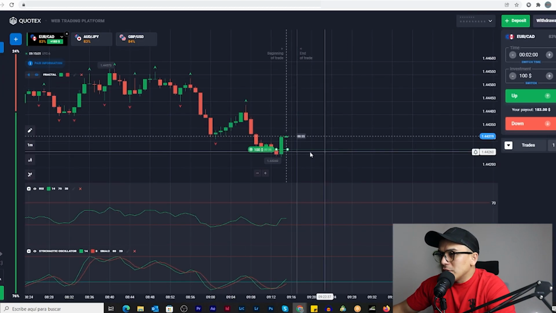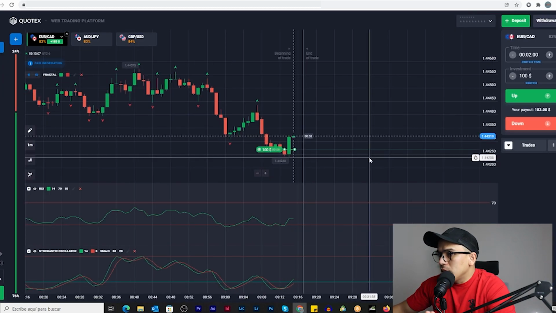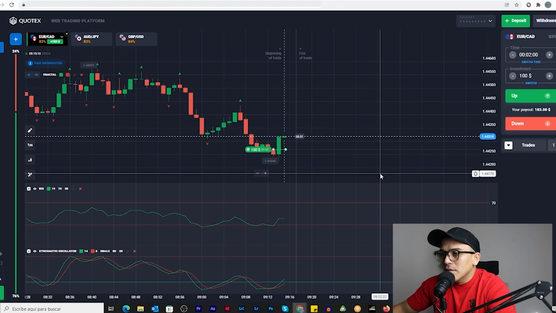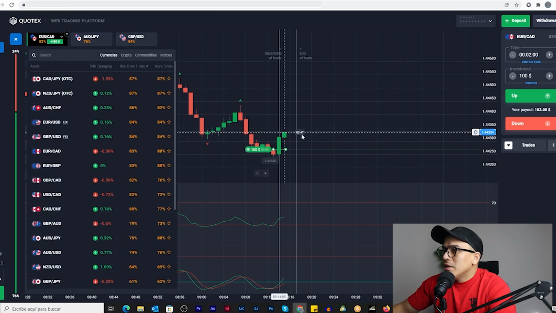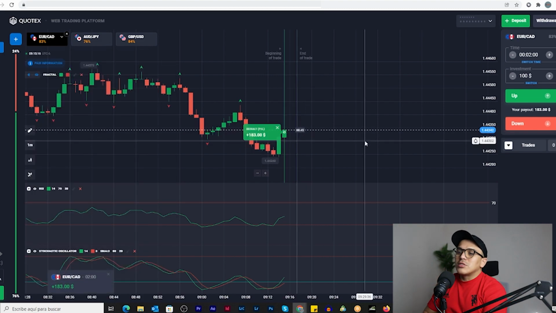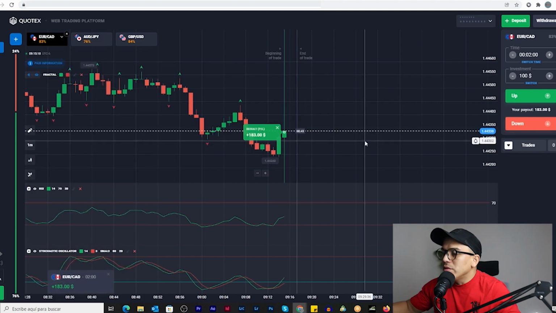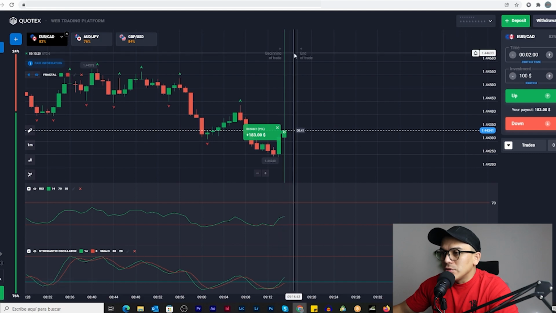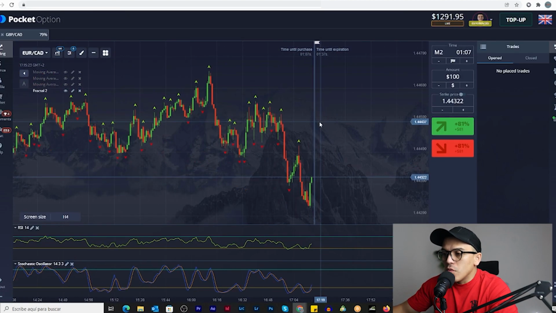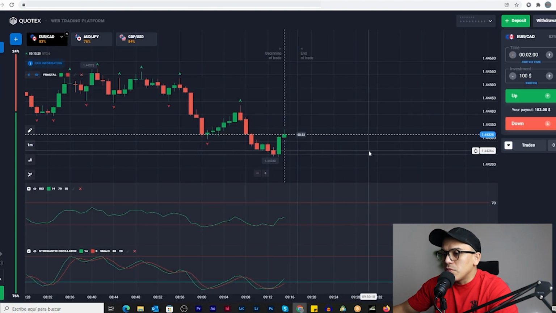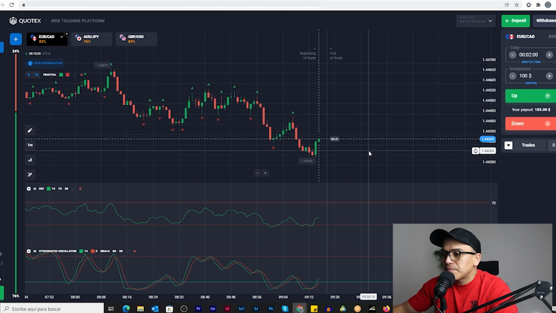Okay. This one was in the money. But the last one, I have my doubts. Okay, these are the results that I have right now with this turbo strategy, testing it with Pocket Option and with FOREX. What is the best broker for this strategy?